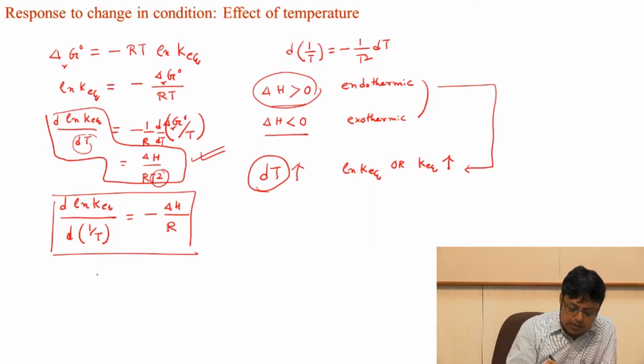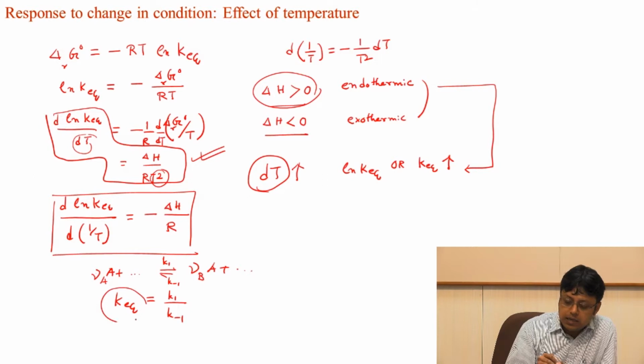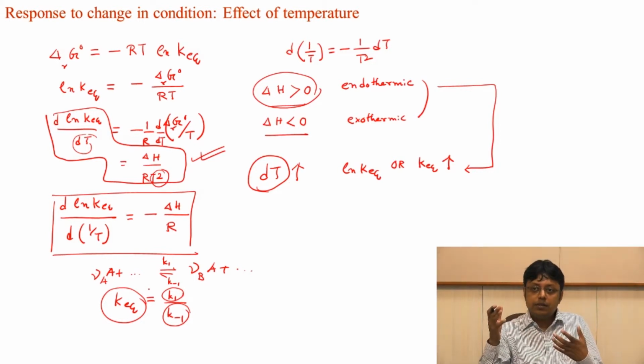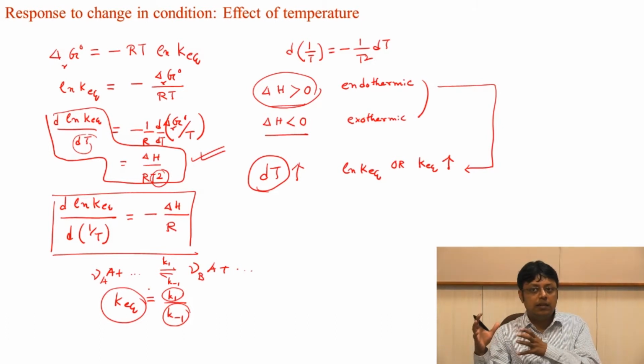Because if you remember, whichever way you write the reaction, nu A plus whatever going to nu B plus whatever, ultimately the equilibrium constant can be written as the forward versus reverse reaction. If that is going higher, it means the forward by reverse is getting higher. So the forward is increasing and the reverse is decreasing, which means you are getting more product than the reactant.